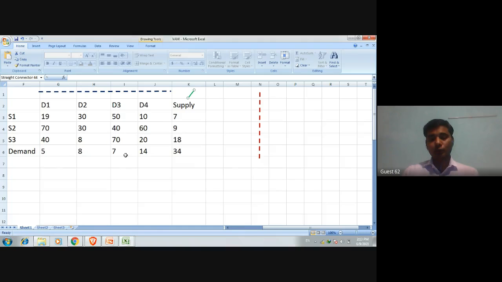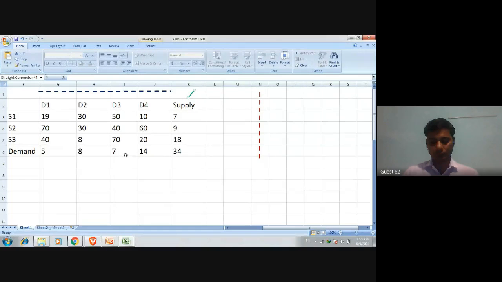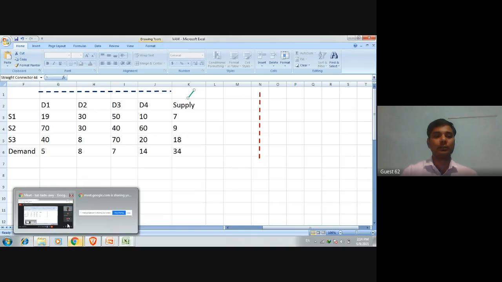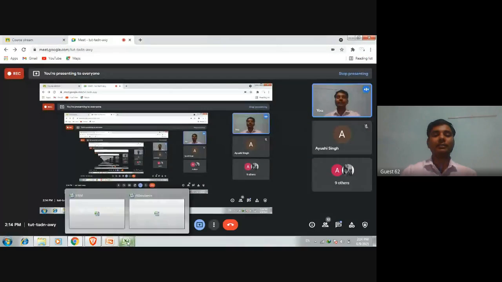So the total capacity of all three plants is 34. After adding all these quantities, we get 34.